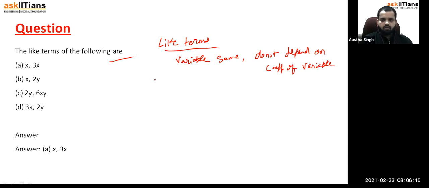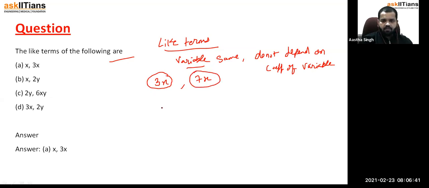They do not depend on the coefficients of the variable. Suppose two terms are there, 3x and 7x. So here what is same between those two terms? X is same. X is basically a variable. The variable is same, but the coefficients are not same. It means these are like terms, right?